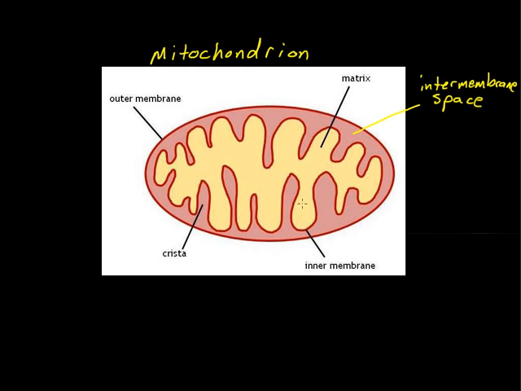But one other thing that is found very abundantly in the inner membrane, and I will go ahead and write it in here as well, are ATP synthases. There are lots of ATP synthases, and they operate basically just like the ATP synthases that we talked about during the light reactions of photosynthesis. In the matrix, we find mainly water, but there are many things floating around in the matrix.